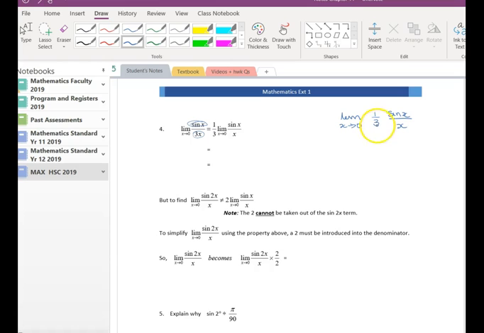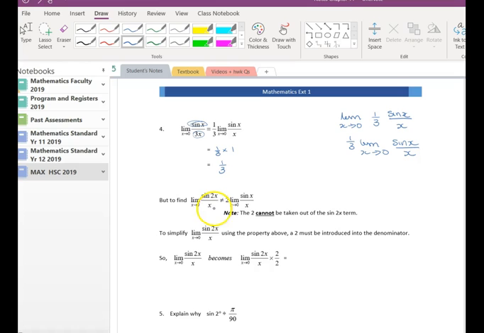You can see that I've separated the 1/3 out. Now, because 1/3 doesn't rely on x at all, we can take the 1/3 out the front and only consider the x component of the limit, and we've nicely now got sine x on x, which we know goes to 1, so we've got 1/3 times 1, which is 1/3.